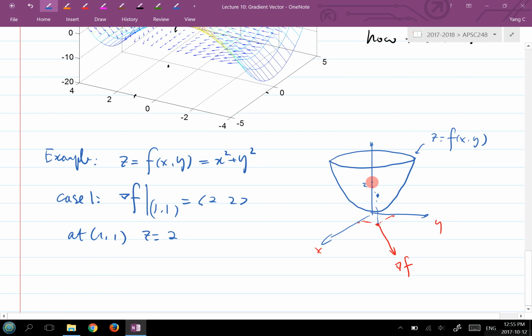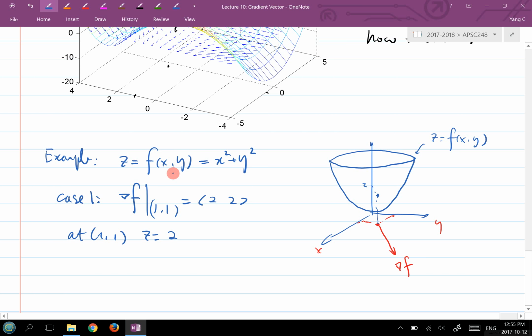If you have a function z equals x plus y, you slice the surface by different constant z values. Every slice generates a contour, and when you put them all together, it's a contour plot. Every slice generates so-called level curves.